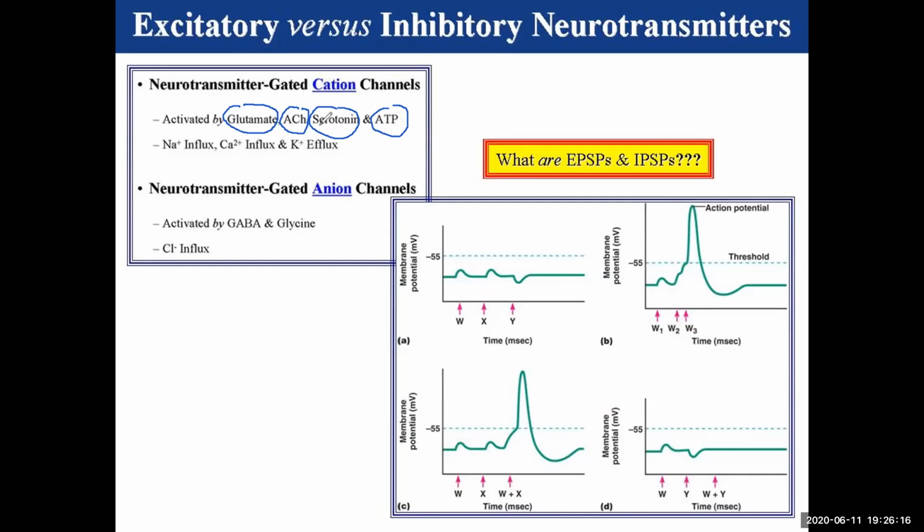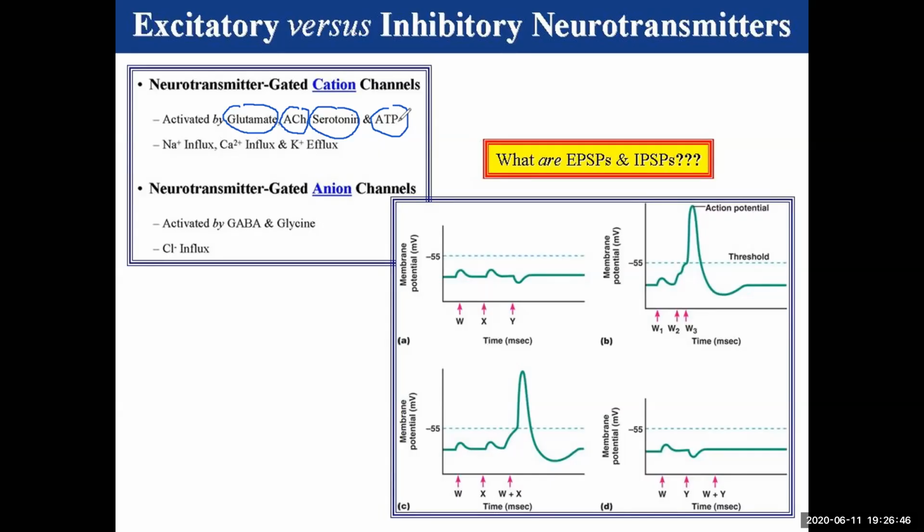So when glutamate, ACh, serotonin, or ATP bind to these channels, they are produced and released by the presynaptic neuron. They go into the synapse or synaptic cleft through simple diffusion. They migrate, they leave the presynaptic neuron, going on to the postsynaptic neuron.